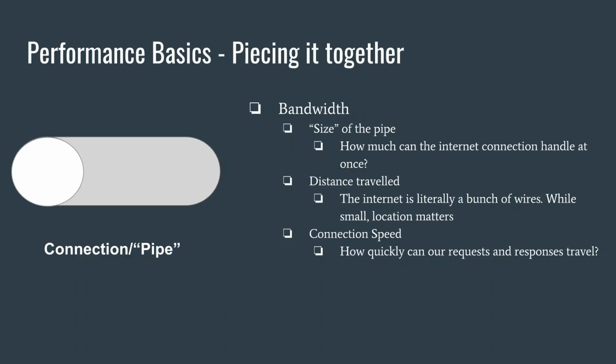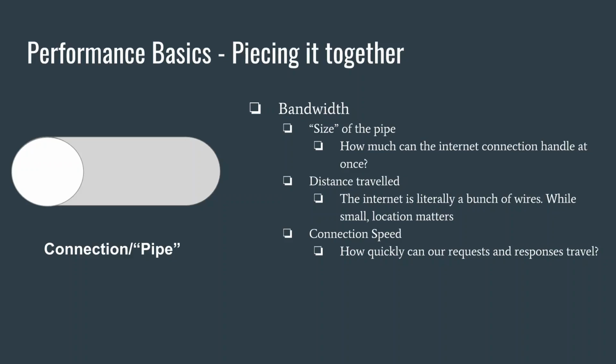If your users are in Europe and the servers to which requests are going up, and from which the data is being returned, are all in the US, that's going to take a little bit more time than if everything's being served from somewhere in Europe.